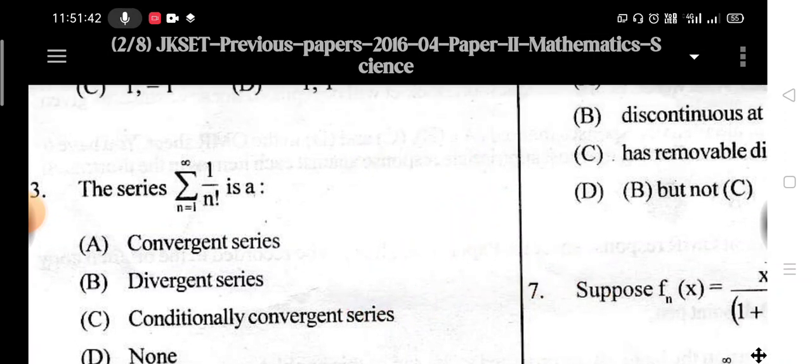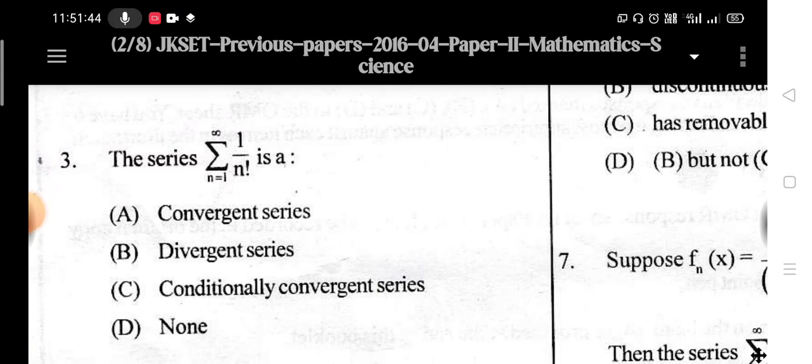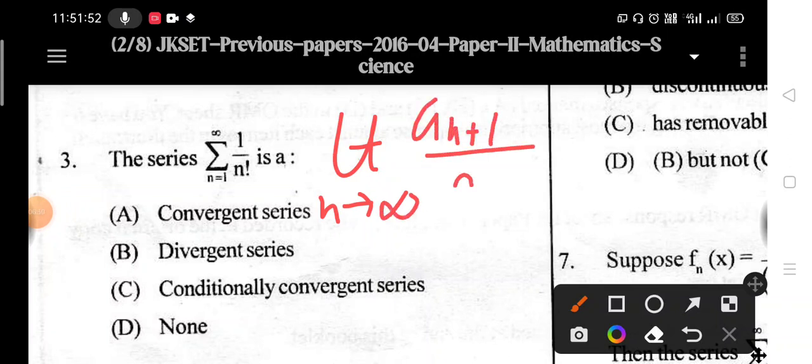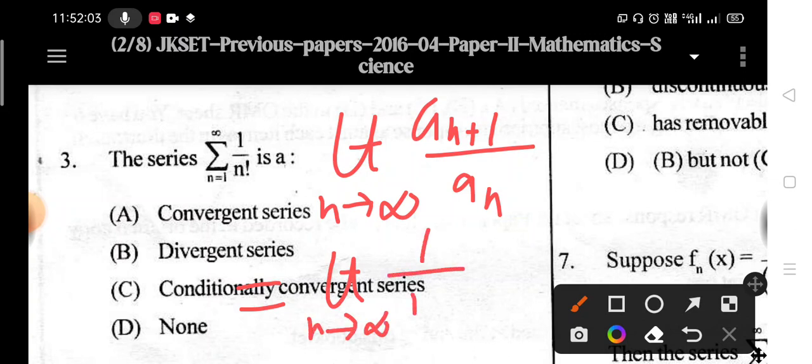So let me calculate limit n approaches to infinity a n plus 1 upon a n. If I calculate this, what I am going to get is limit n approaches to infinity, 1 upon n plus 1 factorial upon 1 upon n factorial.